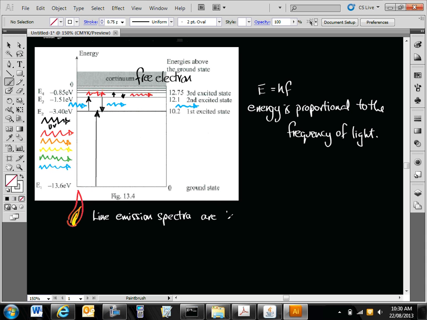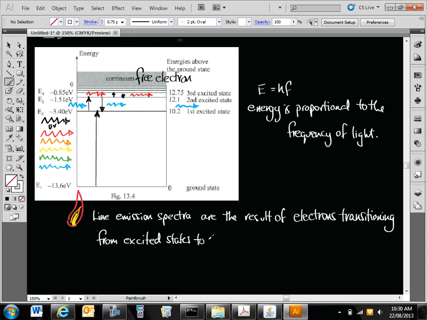They are the result of electrons transitioning from excited states to lower excited states.